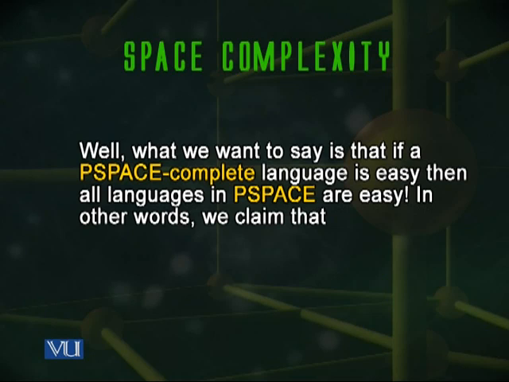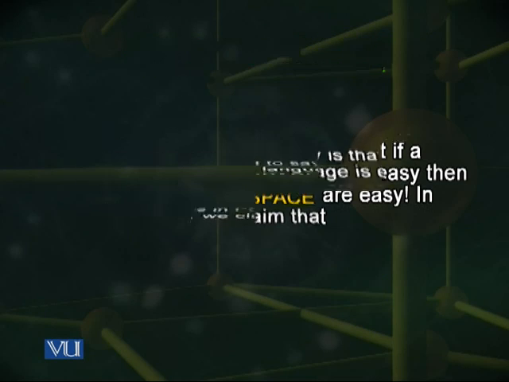In other words, we want to define PSPACE-completeness such that the theorem I'm about to tell you is true. If this theorem is not true, then our whole theory of completeness will fall apart.